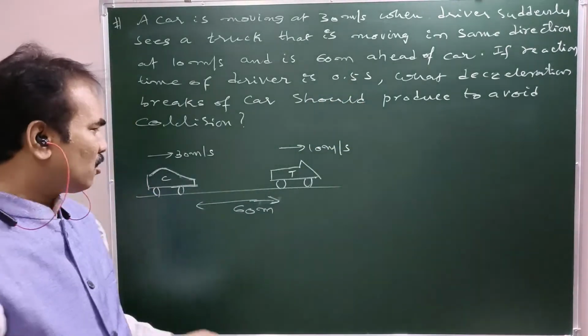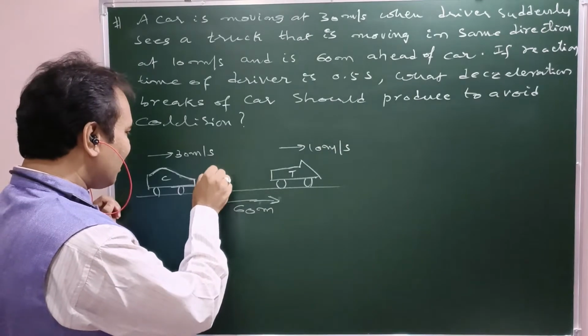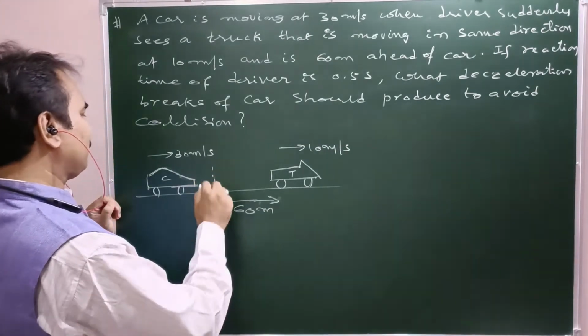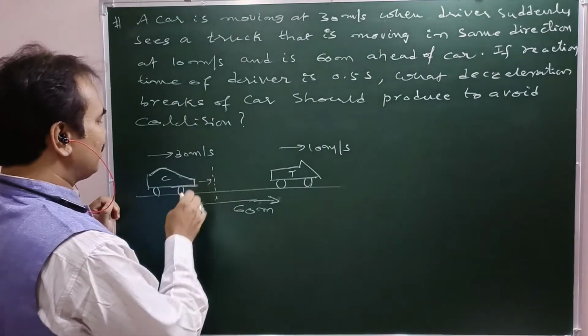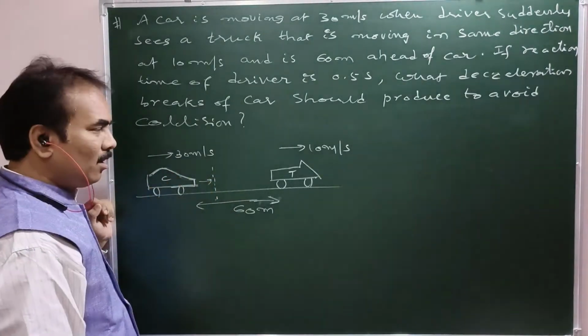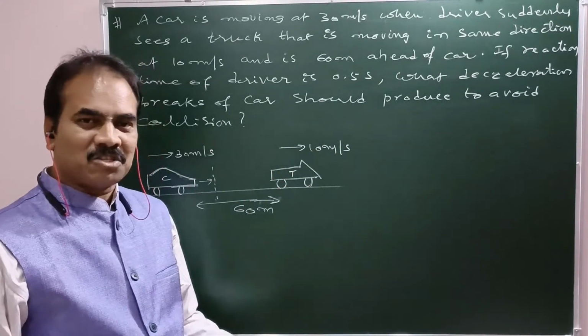0.5 seconds. So within that 0.5 seconds, definitely the car advances this much distance, right? From here to there, this much distance. So this is the distance covered by the car. Of course, the truck also moves forward in that 0.5 seconds, right?